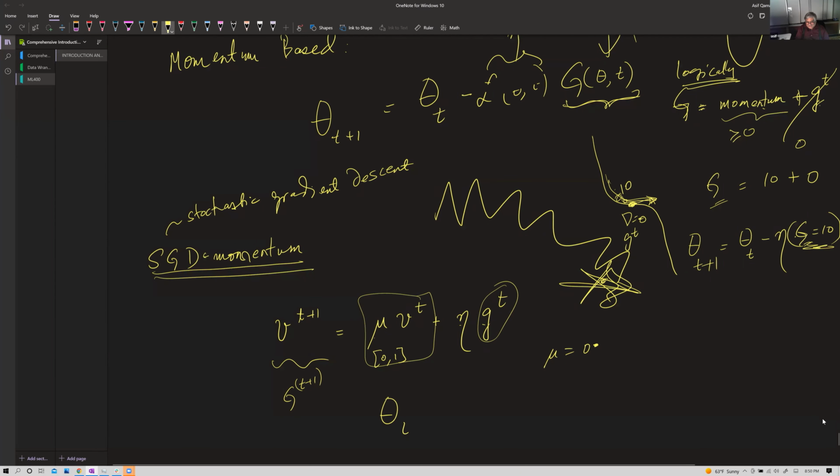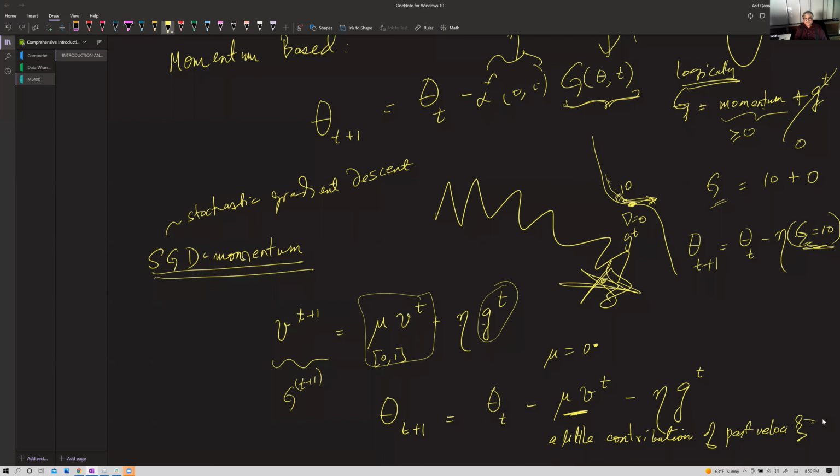So when we take the step, theta_(t+1) is equal to whatever theta_t was, minus this funny thing: mu times v_t, the previous one, minus eta g_t. So you're saying add a little contribution of past velocity.